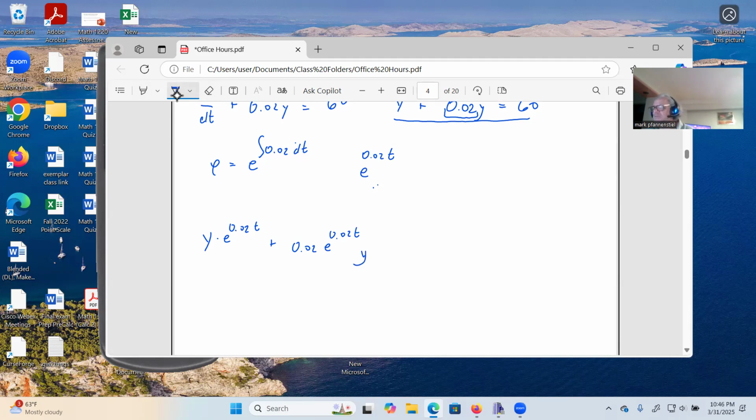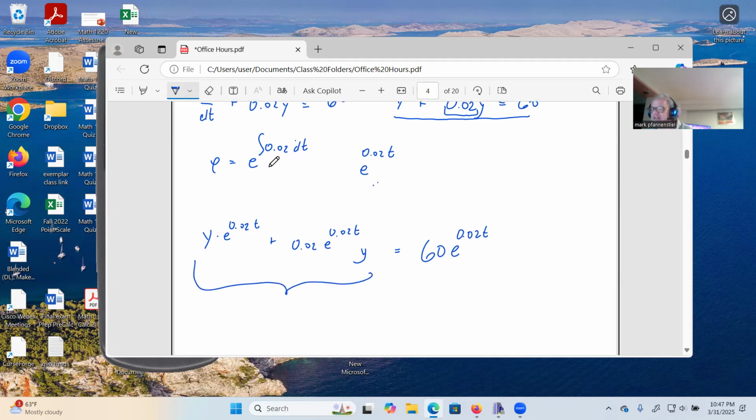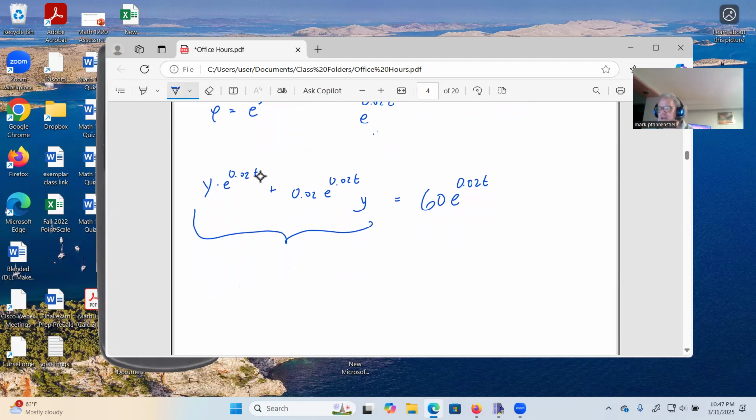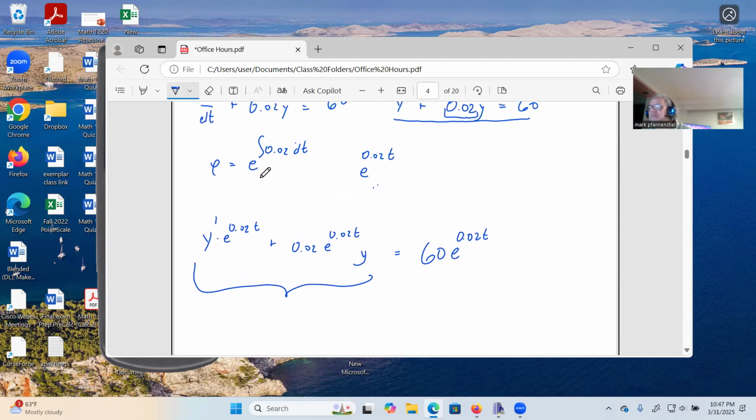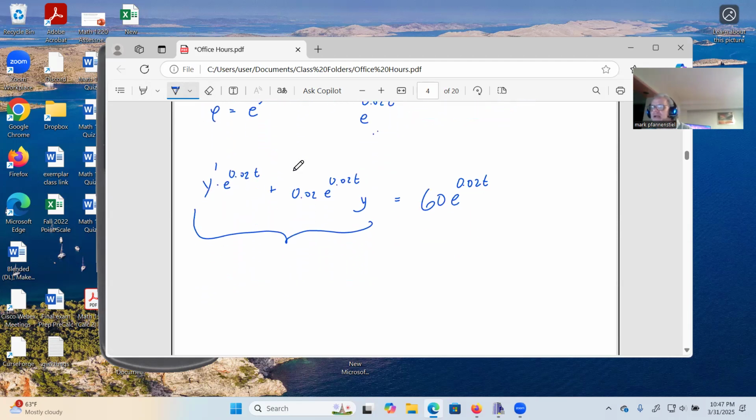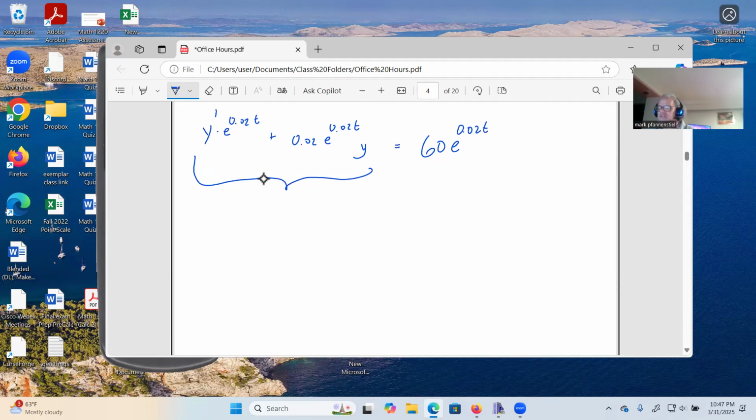All we did was multiply, and this equals 60 e to the 0.02t. Now here's the whole point of doing an integrating factor. By the way, this is y prime, sorry, I didn't write that down properly.